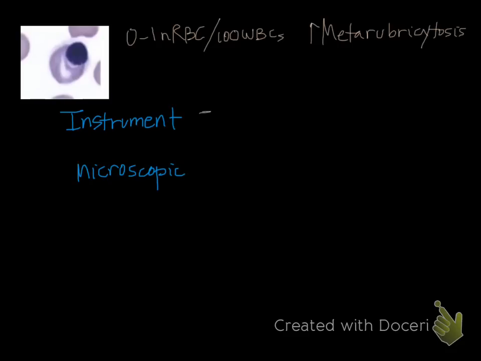Instruments, when they evaluate and count metarubricites, it really depends on the type of instrument and how it evaluates them. We have instruments that are impedance, and then we have instruments that are optical. Our instruments are actually a lot fancier than this now, but I'm going to say this for simplification.